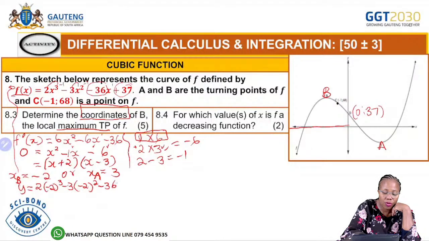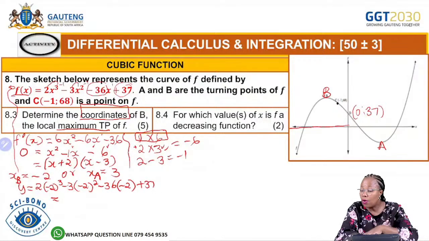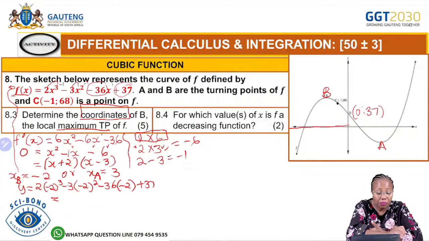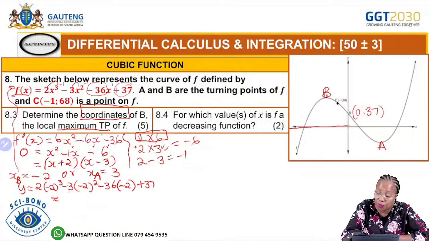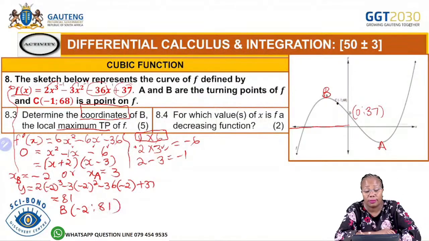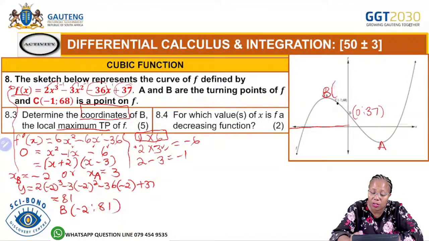It's fine, grade 12. As long as your answer is correct, you will be the happiest. So if we check the y value with x equal to minus 2, we find y being 81. So the coordinates of B will be (minus 2; 81).